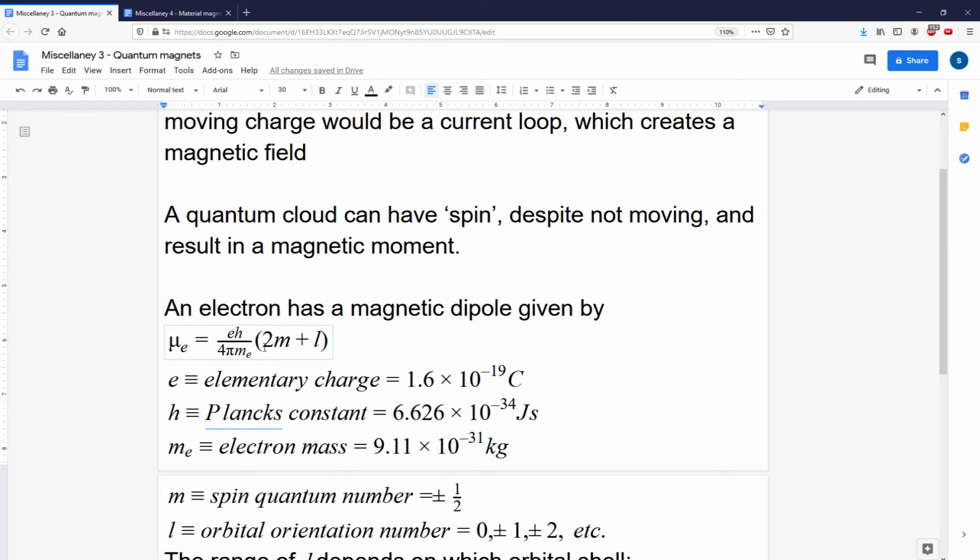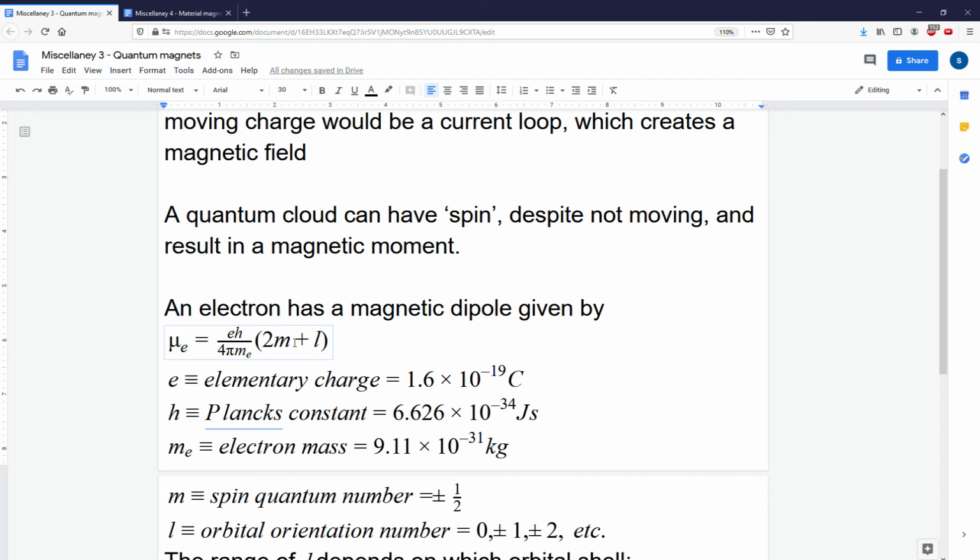Now every electron has a spin, even electrons that are free, that are unbound to an atom. And that spin quantum number is either going to be plus 1/2 or minus 1/2. One thing about quantum mechanics is that these numbers are quantized.